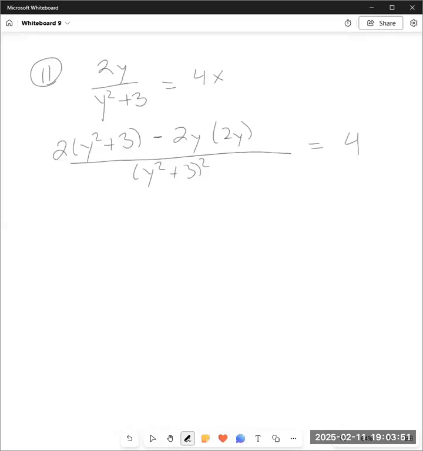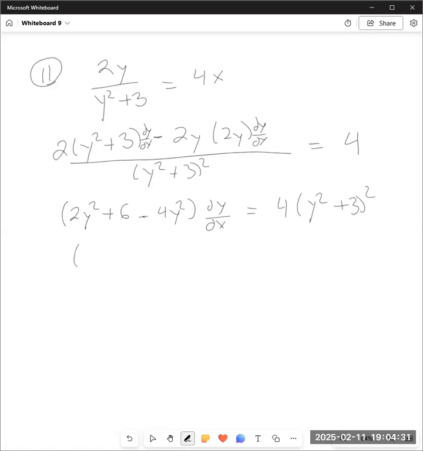Let's see, I need to add dy/dx's here and here. Since I differentiated this y, that's a dy/dx. When I differentiated this y, that's a dy/dx. So this is 2y squared plus 6 minus 4y squared dy/dx is equal to 4 times (y squared plus 3) squared.